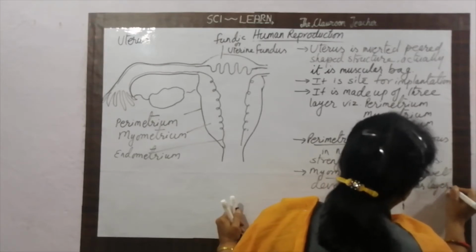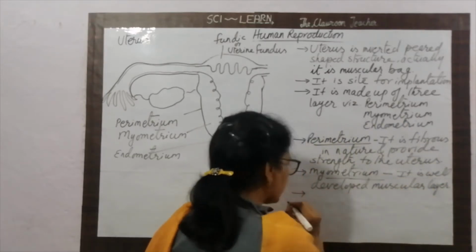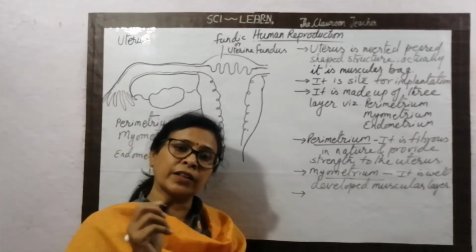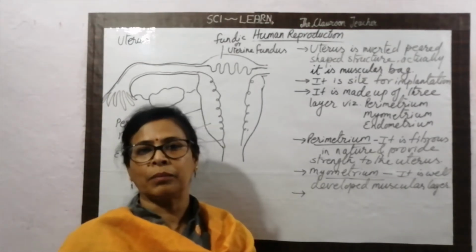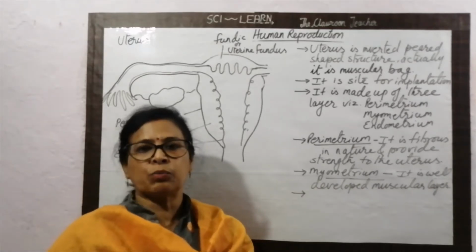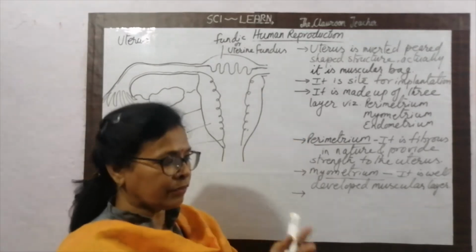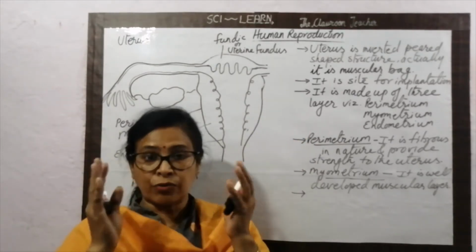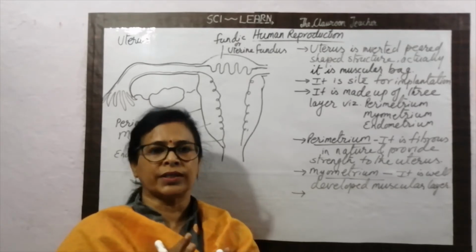And what is its role? As I told you, the uterus is the site of implantation. It is the place where the baby has to grow up to 9 months. So this part needs very much strength, and that is provided by this layer, which composes the uterus.